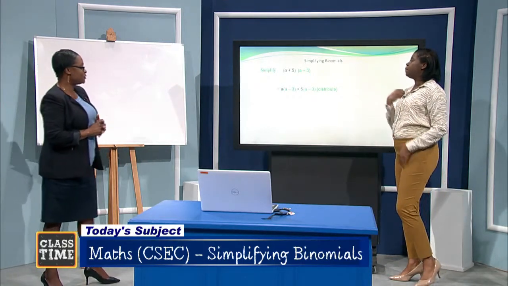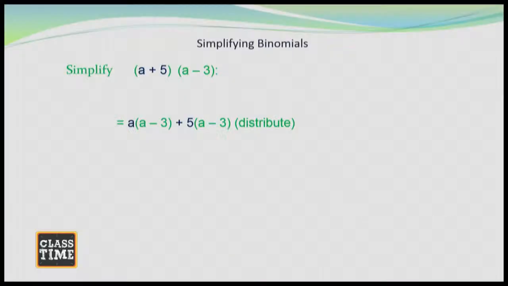So we would have the A from the first bracket operating on the A in the second bracket, the A in the first bracket operating on the negative 3 in the second bracket, added to the 5 from the first bracket operating on the A in the second bracket, and the 5 in the first bracket operating on the negative 3 in the second bracket. That would be our distributing the first bracket on the second bracket.